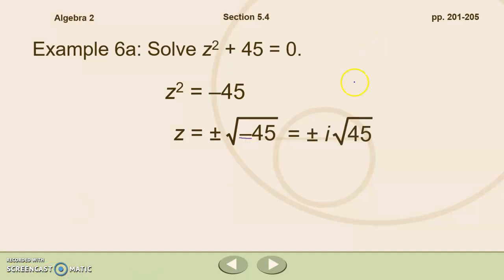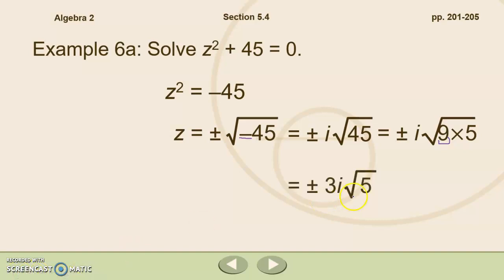So we've got plus or minus i times the square root of 45, and now let's factor our 45. 45 is the same thing as 9 times 5, so the square root of 9 times the square root of 5. The square root of 9 can be simplified even more, so let's bring that out. The square root of 9 is just 3. So we're left with plus or minus 3 times i times the square root of 5, or 3i root 5.